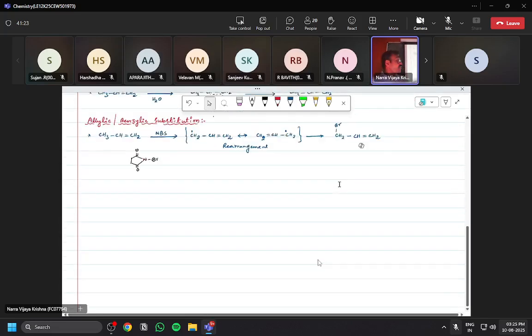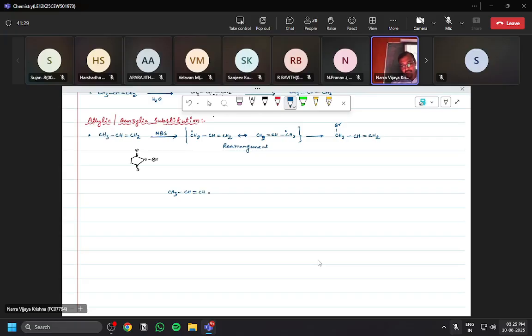If it is a different one, for example, CH3 single bond CH double bond CH single bond CH3, if this is allowed to react with NBS, you can remove hydrogen either here or here. So I am writing CH2 radical single bond CH double bond CH single bond CH3, one possibility. Now it can undergo rearrangement. Then what you got?